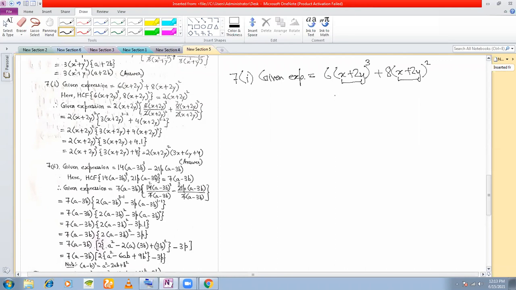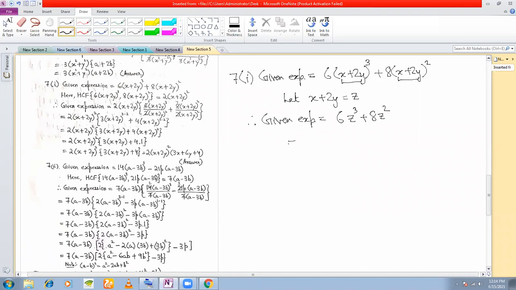Never mind the power, whatever is the power, I have the expression. So what I do is I say let x plus 2y is equal to z. So the given expression becomes 6z cube plus 8z square.